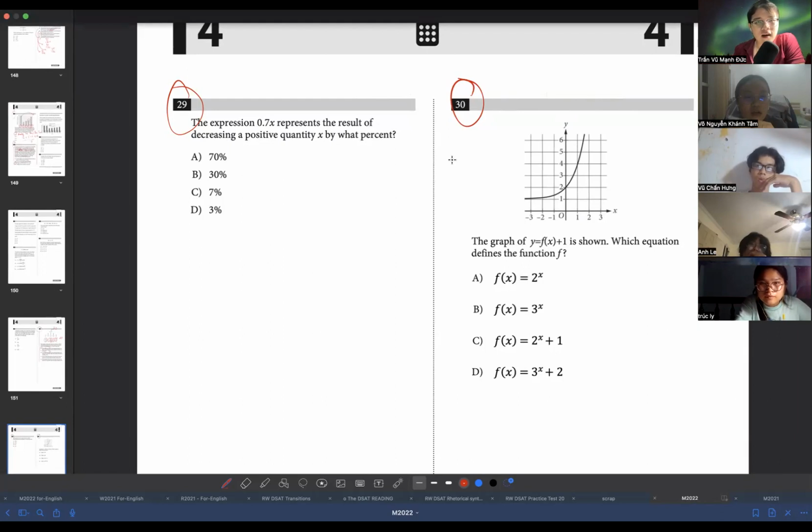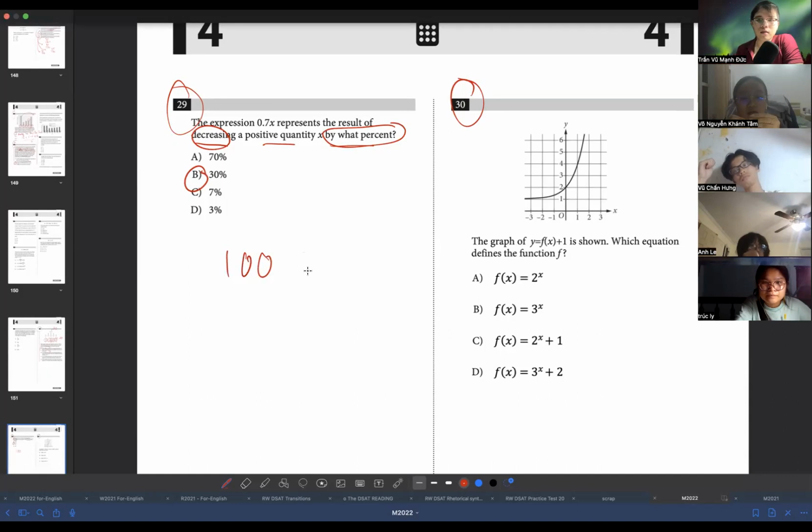29B. The result of decreasing a positive by what percent? Remember, this is B, because decreasing by what percent? Not 70%, that is the amount left. Let's say I have 100% of A, for example.